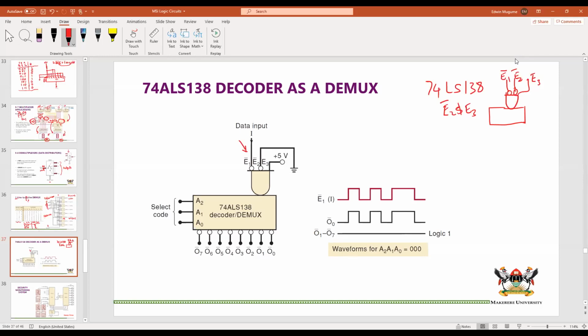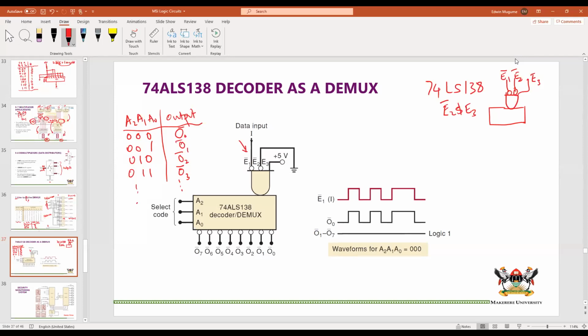Now you have your select inputs, A2, A1, A0, and your output. That output could have 000, 001, 010, 011, and so on, and the output that is activated here clearly is going to be O0, then O1, O2, O3, and so on.